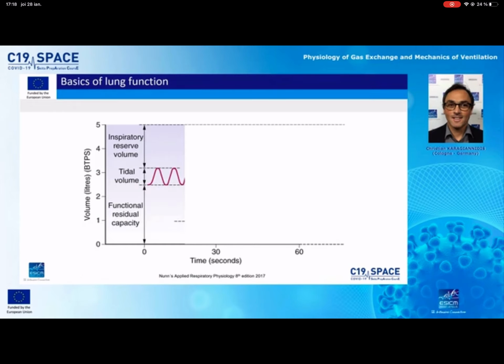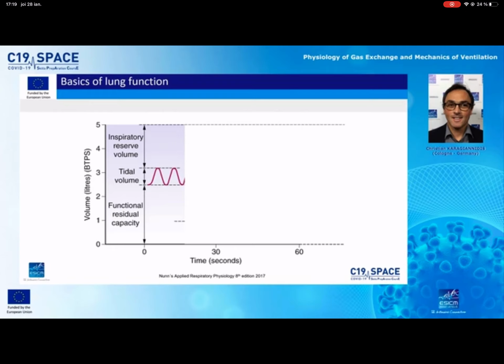Regarding the volumes which go in and out of the lung during inspiration and expiration, we have to talk a little bit about some basics of lung function, which you can do in awake patients, but which you can also do with patients on mechanical ventilation. To my mind, one of the most important points is that we have a certain tidal volume if we are breathing under normal conditions. For most people, this tidal volume is somewhere between 300 and 500 ml, and it is very much dependent on age, weight, and sex of the patients.